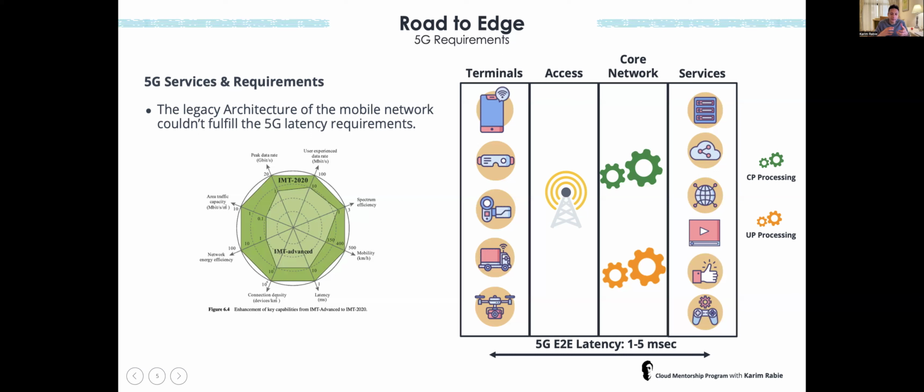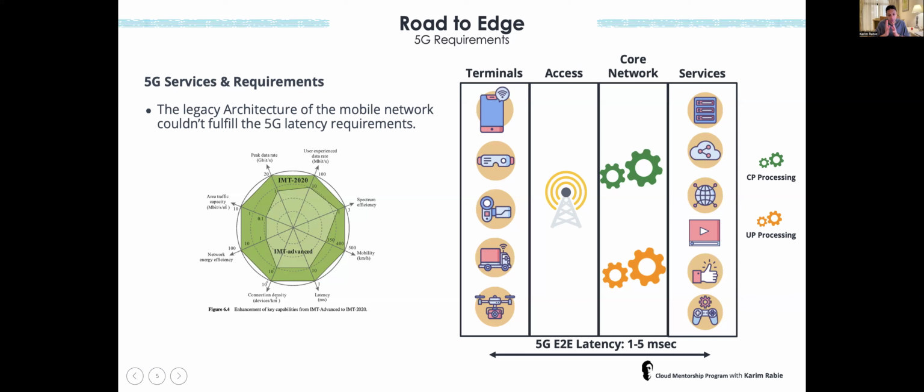But practically, some documents and some vendors talk about 1 millisecond on the air interface between the terminal and the access. Again, the way this diagram was shown and explained to the operators, it was about end-to-end latency from the terminal to the service.